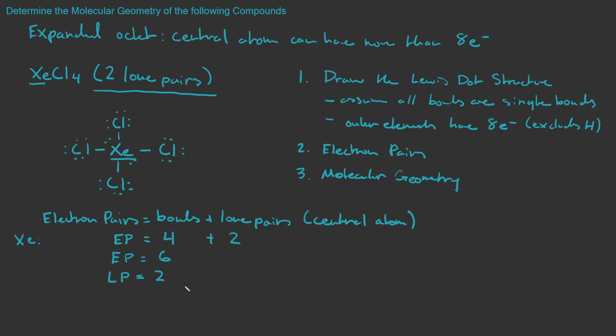In this case, we have a compound with a molecular geometry that has 6 electron pairs and 2 lone pairs. If we use the chart, this is what we call a square planar molecule. If we had to redraw this, it would look as such.